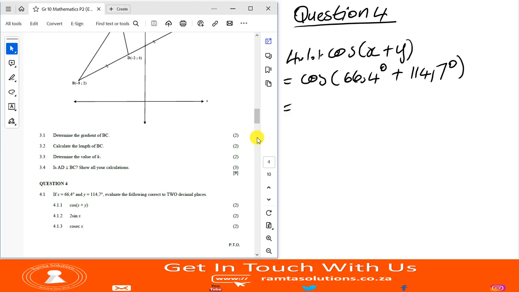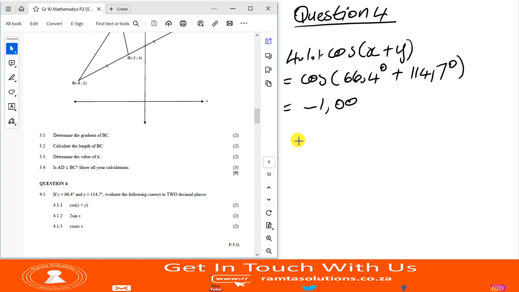Now, correct to 2 decimal places, it looks like it will be negative 1.00, isn't it? Remember, it was 0.999815721. Correct to 2 decimal places, it will be negative 1.00.